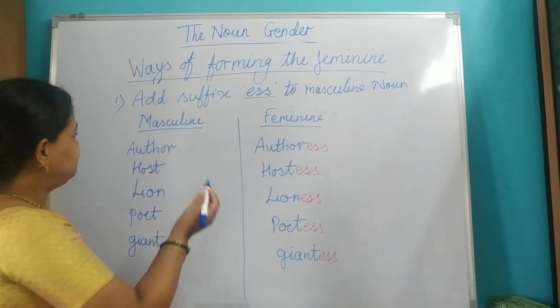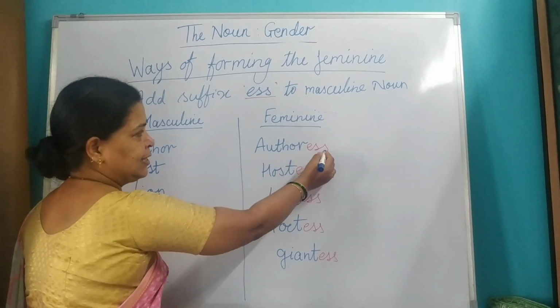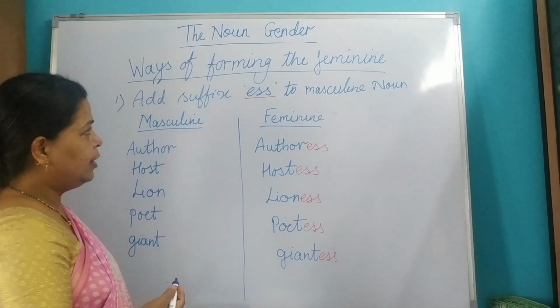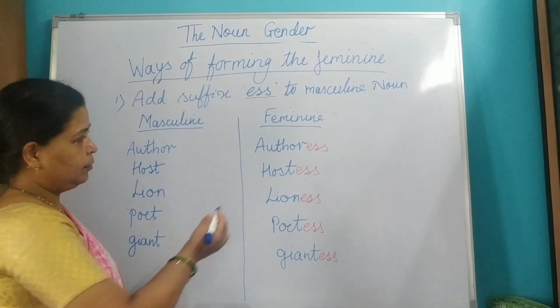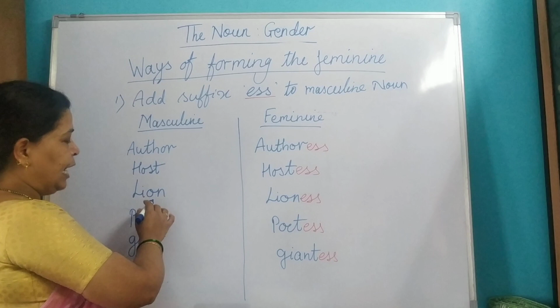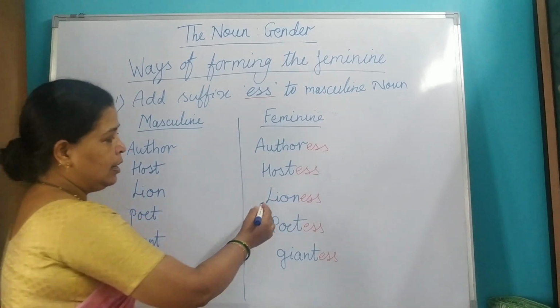For example, author. When we add ess, it becomes authoress. Okay, the feminine noun. Then next, host, feminine, hostess. Then lion, after adding ess, becomes lioness.